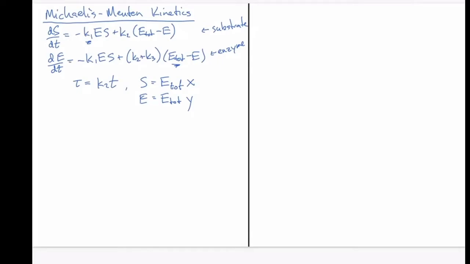So let's put all that together into the equation. We end up with K2 multiplying d/d tau of, and now in place of S, we get X, but I have to put an E tot out in front.